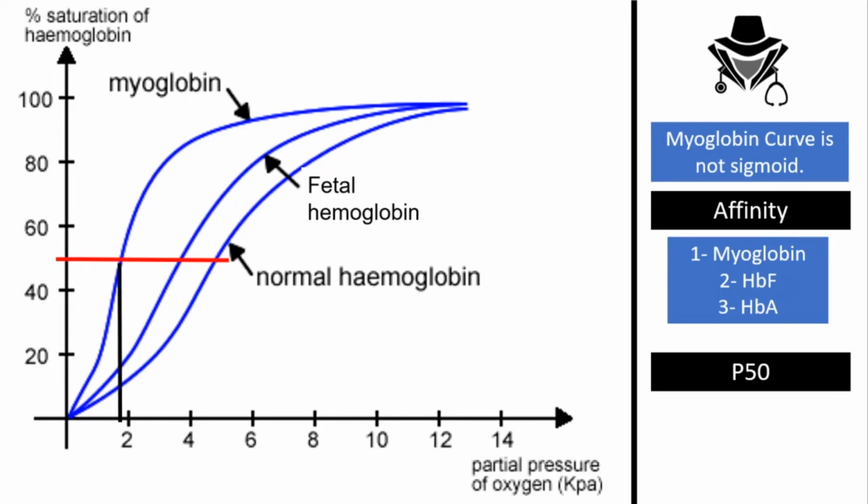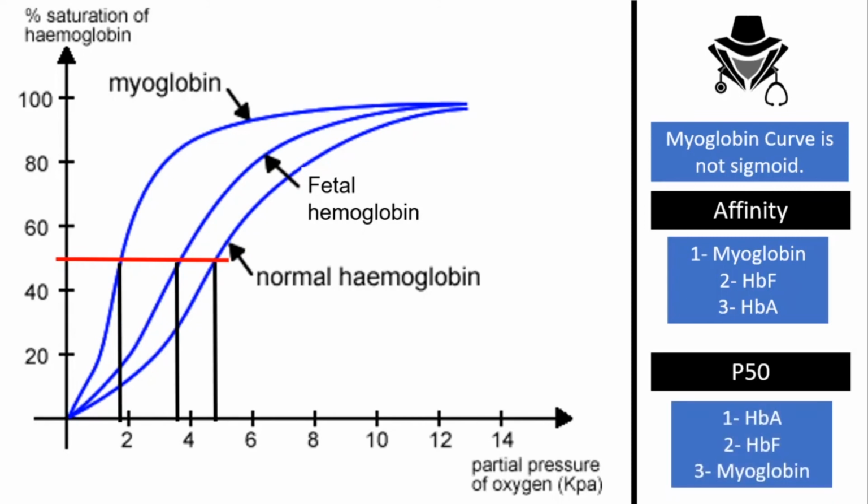So for myoglobin, it's around 2. For fetal hemoglobin, it will be around 4 kPa. And for adult hemoglobin, it will be around 5 kPa. So myoglobin has the lowest P50, and adult hemoglobin has the highest P50.